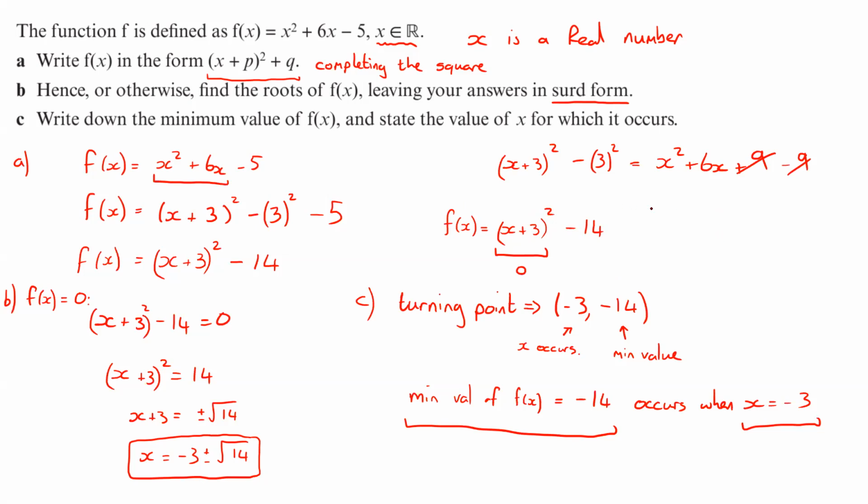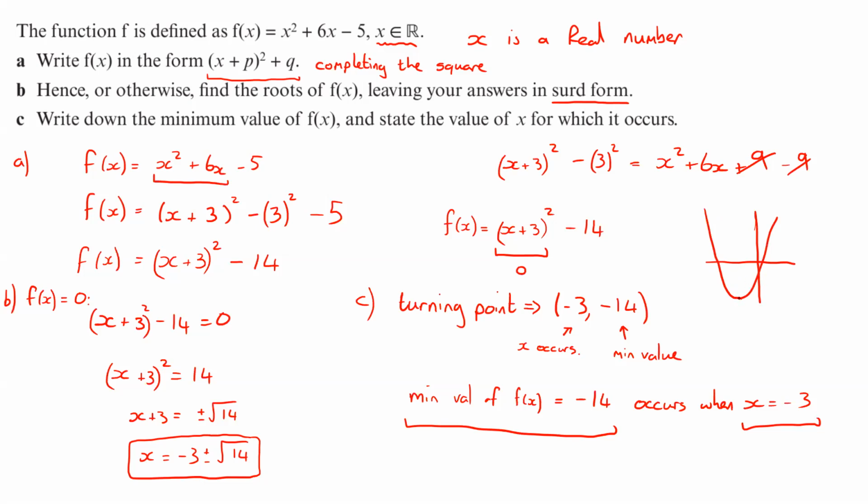It's a minimum because its equation was a positive x squared, so it had that kind of shape to it. So our minimum value is looking somewhere like here, where this is minus 3, and this is minus 14, so that's a terrible kind of graph for this. Let's try and draw it properly. So we know it comes down, it goes back up and it looks something like that.